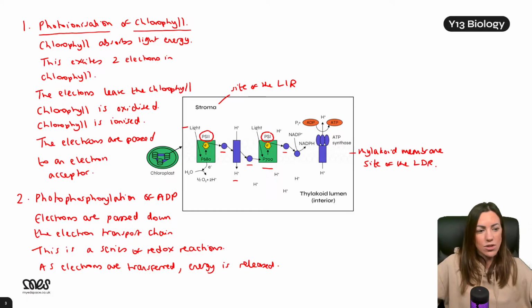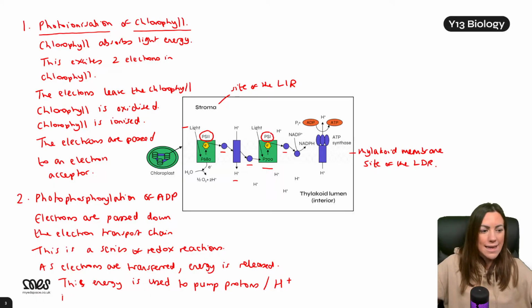So as electrons are transferred, energy is released, and this energy is used to pump, which in biology always means actively transport, right? Pump protons. Remember, a proton is just a hydrogen ion, into the thylakoid lumen.